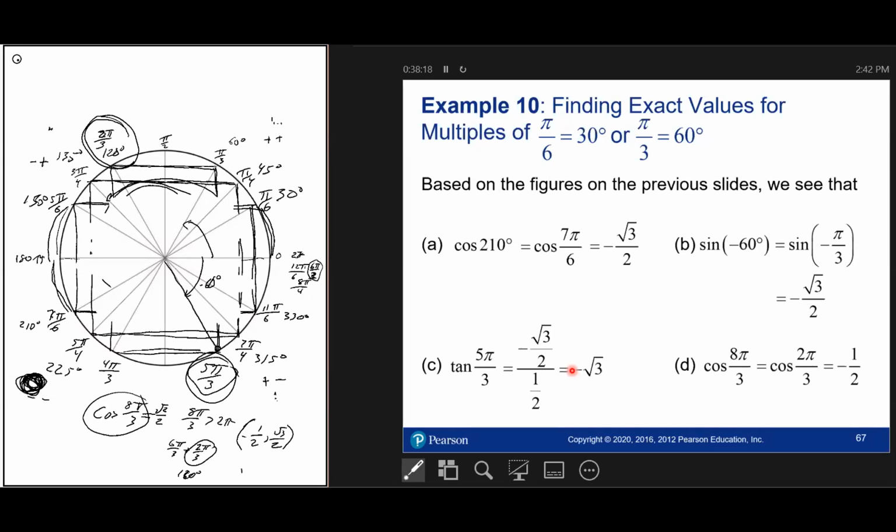No, this is 300 degrees. Okay, sorry, I was reversing the x and the y. Oh, my bad. You put them one over the other, not flip them around. Yeah, sorry, it's y divided by x. Okay, got you. And so that gives us a negative square root of 3 over 1, because the denominators go to 1, which is negative square root of 3.